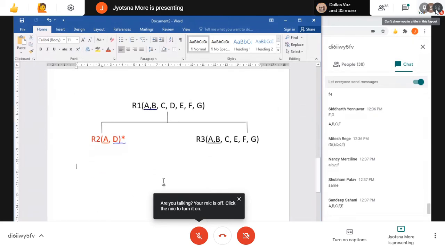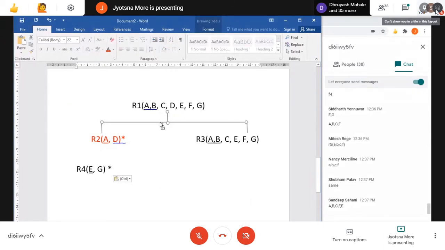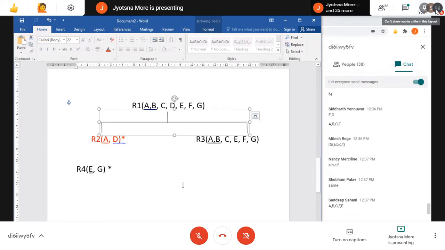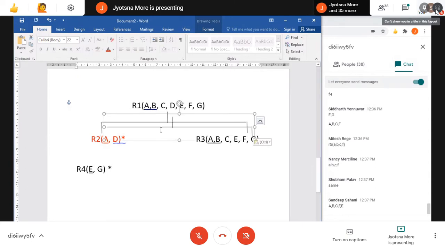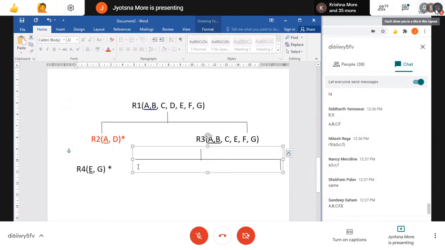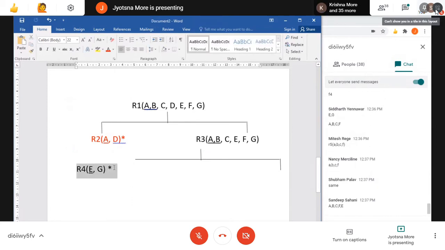Okay, I have to draw the structure first. Okay, one line I forgot to take. Anyways, continue with that.